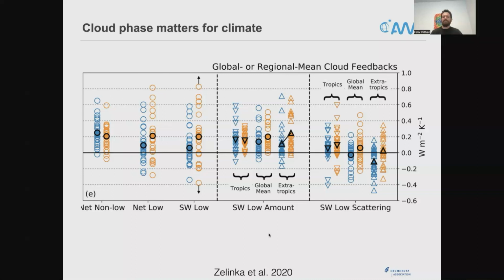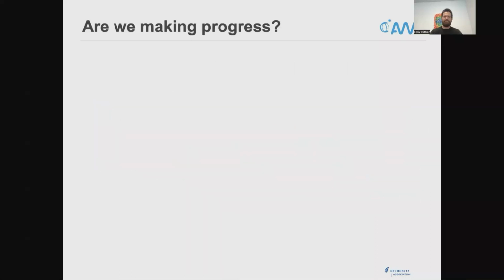In this analysis by Mark Zelinka and colleagues, we see that the extratropical shortwave feedback has turned more positive, both in terms of cloud amount and cloud optical properties, so the scattering feedback in this analysis. That is a key contributor to the higher climate sensitivity in CMIP6 models, which we tend to think is exaggerated, at least when it comes to the high end of climate sensitivity in CMIP6 models.